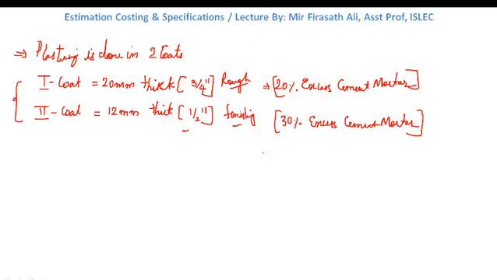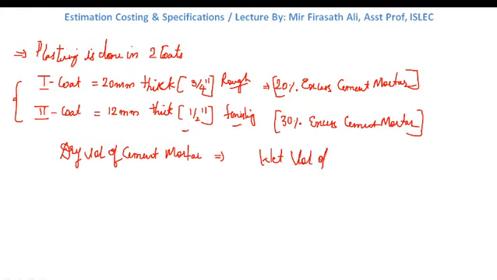And moreover, to calculate the relationship between dry volume and wet volume of cement mortar, the thing which we have to consider is that to calculate dry volume of cement mortar we need to consider 25% extra of wet volume.